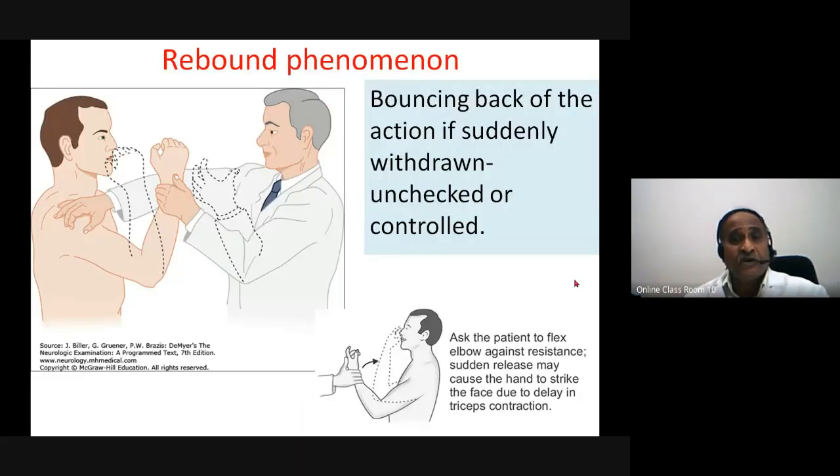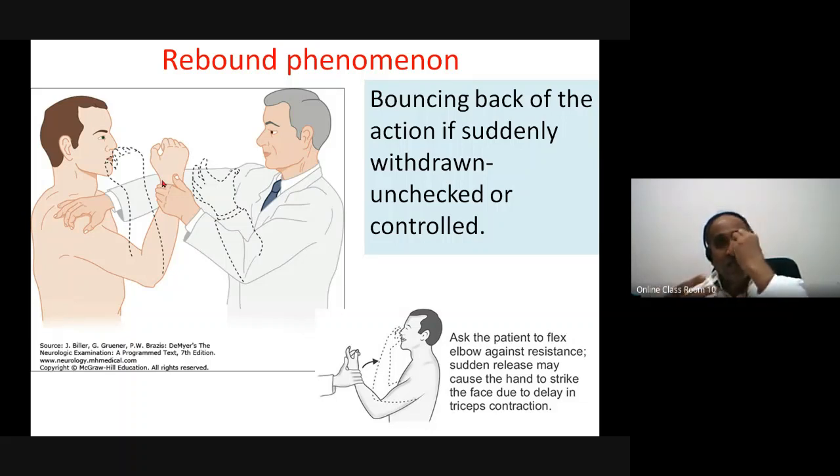Then a rebound phenomenon. Here he is trying to elicit that. Suppose you hold it and you ask him to flex forcefully, and you put resistance. Suddenly we withdraw the resistance. In a person with cerebellar diseases, what happens?